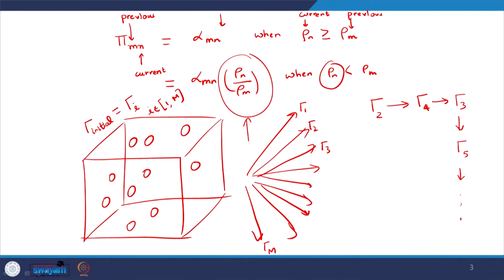One of the possibilities by which this can be done is that I pick one of the particles and I move it in a random direction, right? We will take particular cases in more detail, but this is one of the schemes.